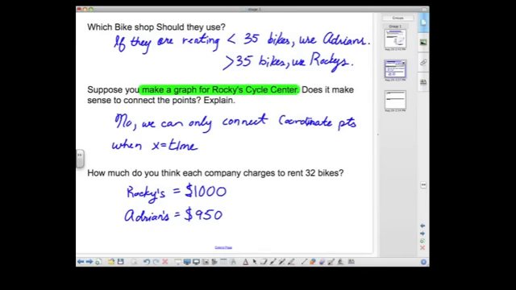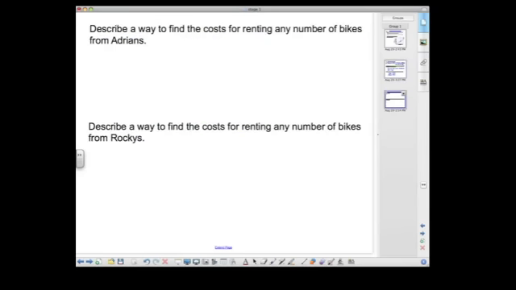And as we progress, the next set of questions are kind of redundant, but there is a purpose for them. They said, describe a way to find the costs for renting any number of bikes from Adrian's, and then describe the way to find the cost for renting any number of bikes from Rocky's. Now, this is kind of the question that we just answered.